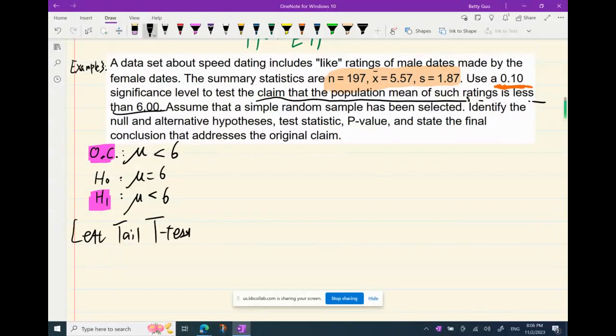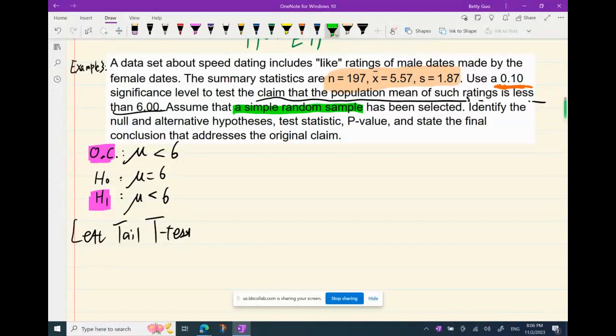Assume that a simple random sample, okay, that's a requirement. Technically we really should always check the two conditions. Sometimes we forget because the questions are designed to already satisfy those, unless it is pointed out. But here, a simple random sample.